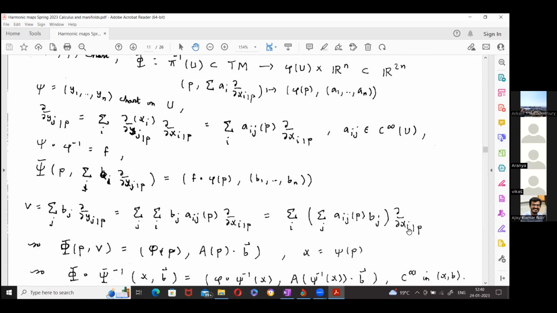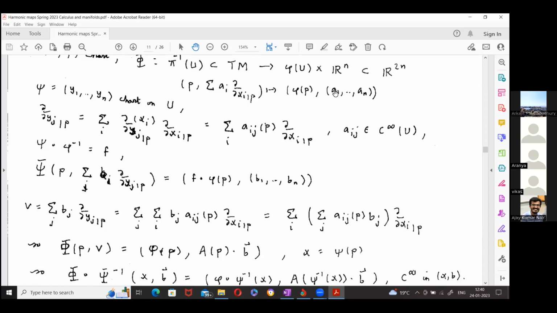So once I've written v in terms of the basis ∂/∂xi, then I know what my capital Phi of p comma v is, right? Capital Phi of p comma v is going to be little phi of p together with a1 to an, which are the coefficients of my vector v with respect to the basis ∂/∂xi.